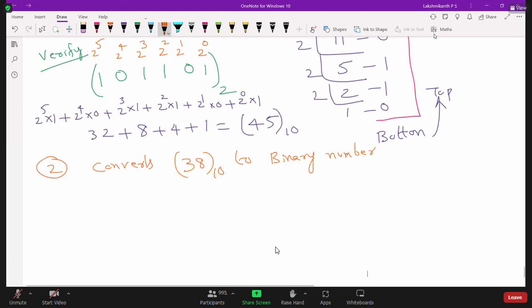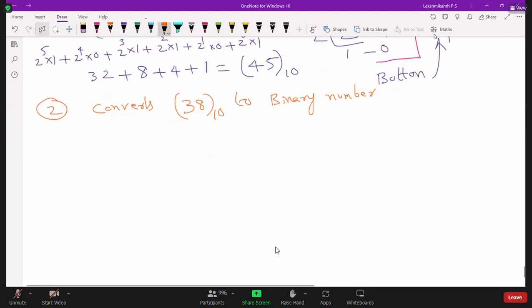Any number, you have to divide by 2. Now let us divide 38 by 2. 2 times 19 is 38. What is the remainder? The remainder is 0.